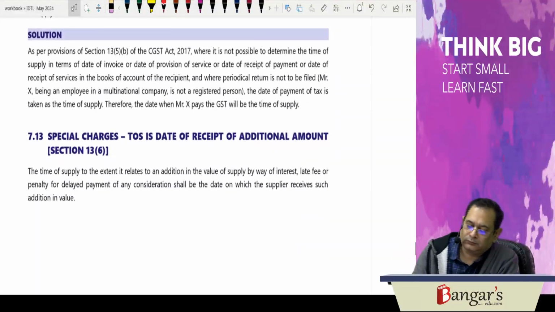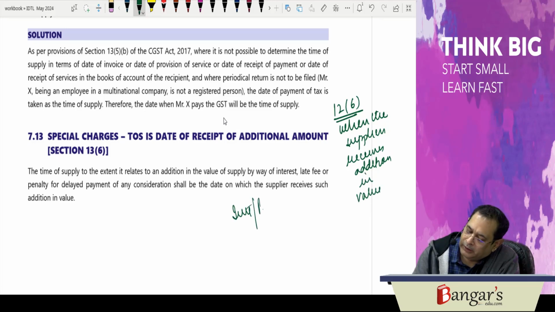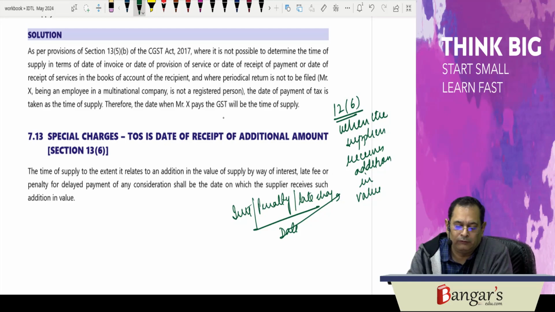Then 13(6) is the same as 12(6). When the supplier receives an addition in value, say interest, penalty, late charges, the time of supply is the date when the supplier receives the addition in value.